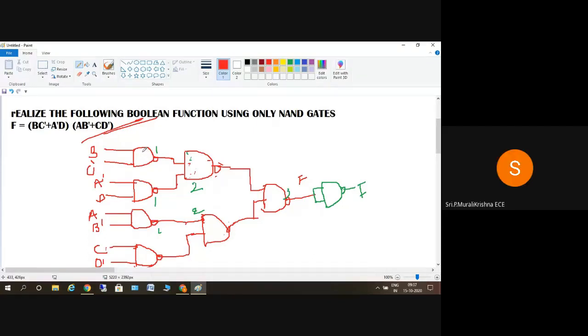Yes, sir. And now we'll see NOR gates. NOR gates will follow the same procedure. So we'll see the steps here.